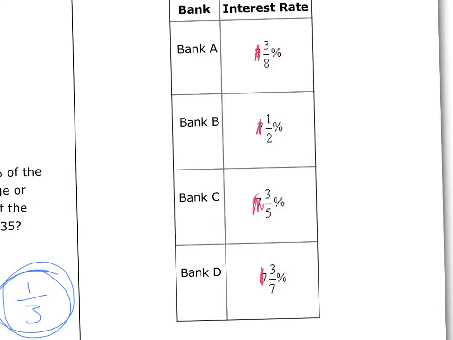Next, they're all percents. Well, that doesn't help me either. Not when they're all fractions on the inside. So, when we break it down, these fractions are going to be what tells us what's greatest and what's least. How do I compare fractions? What are we going to do? Close.